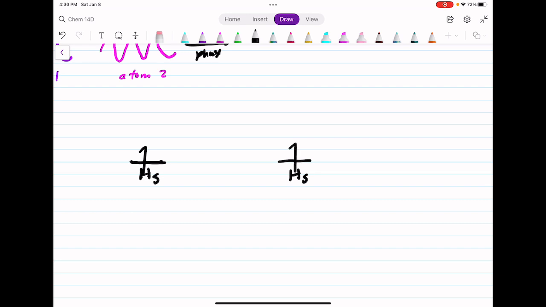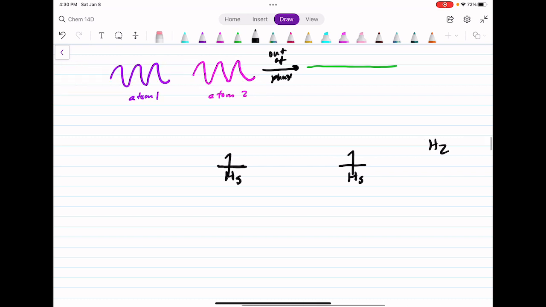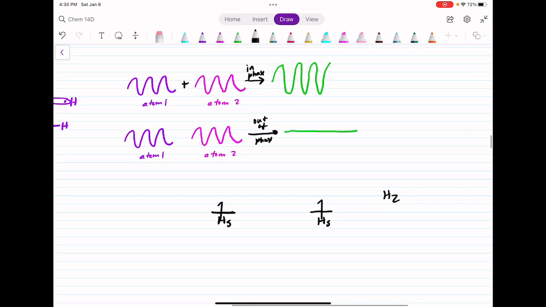Okay, so I have on the outsides of this diagram my two atomic orbitals from each hydrogen of H2. So then what I do is I combine these orbitals into molecular orbitals. When we combine atomic orbitals into molecular orbitals, what we're doing is combining those atomic orbital wave functions, and doing it in phase and out of phase, like I said.